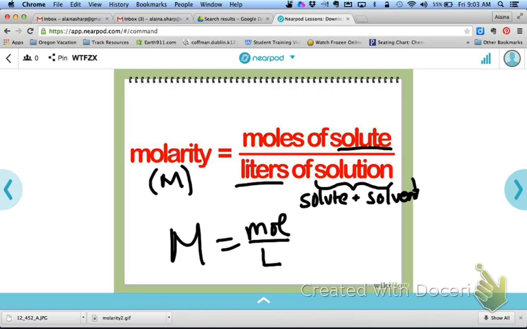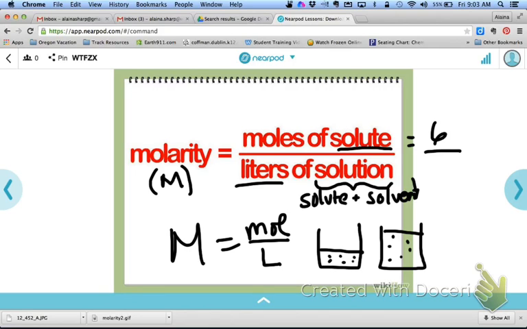When we're thinking about our picture from before, something which has 6 moles in a small amount of space, they're still going to have the same number of moles, so that top part is going to be the same: 1, 2, 3, 4, 5, 6. So this top part would be 6 for both, but that bottom number would change. If this is 1 liter, that would be called a 6 molar solution. 6 divided by 1 is 6.